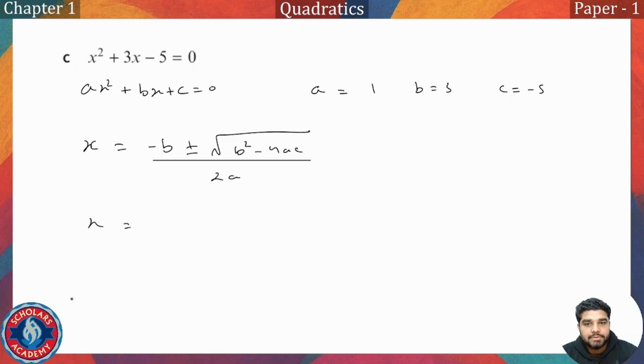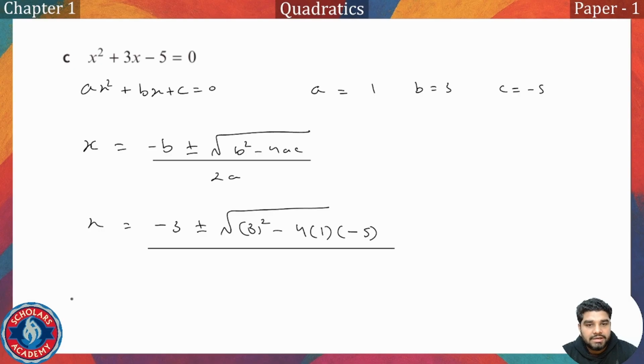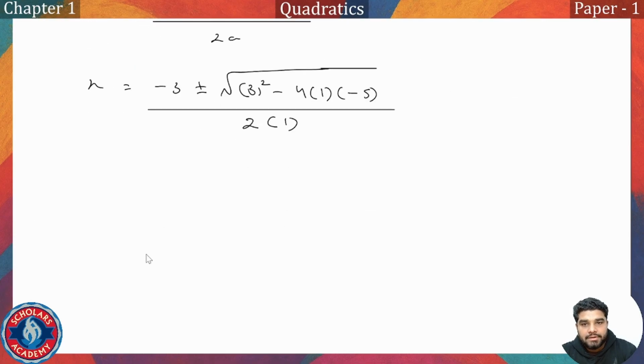We get x is equal to minus 3 plus minus root of square of b, square of 3, minus 4 times a, that is 1, c, that is negative 5, whole divided by 2 times a, that is 1. X is equal to negative 3 plus minus, we'll simplify it.